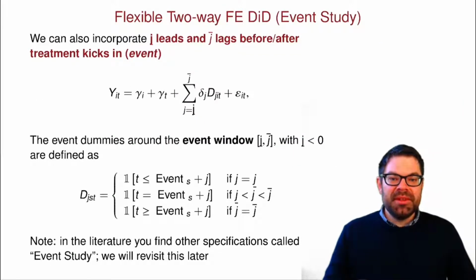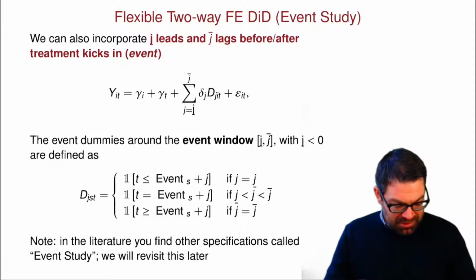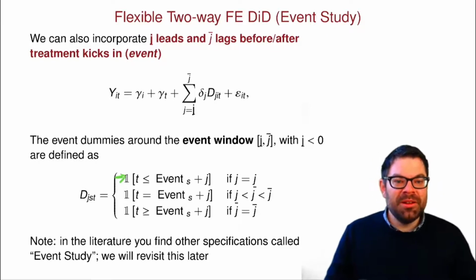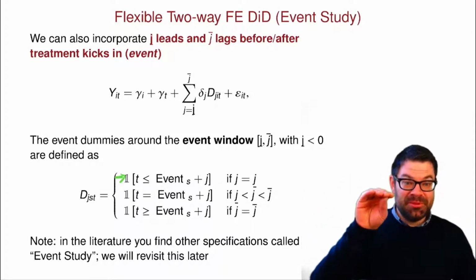So to code this, the way we do this is as follows. We have basically a dummy for the first period of the event window that covers all the periods up until the first period of the event window.